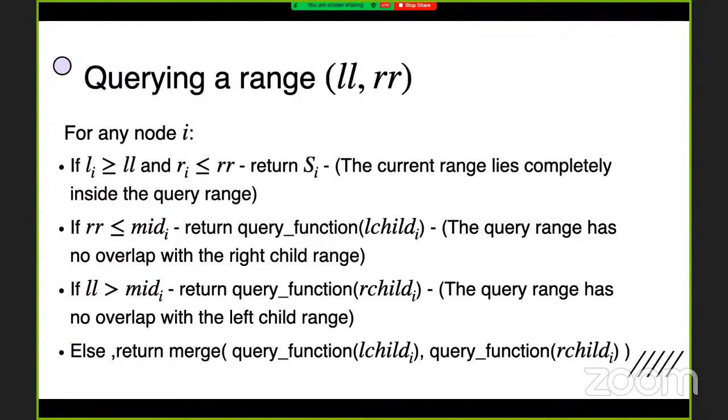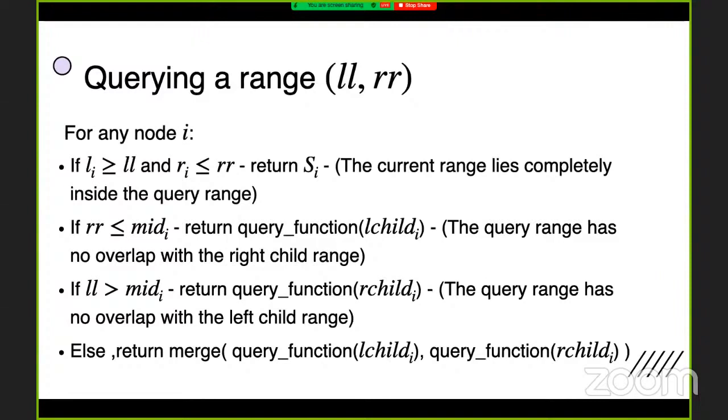If RR is less than or equal to mid I, then the query range doesn't have an overlap with the right child, because mid I is the max limit of the left range. And if the entirety of the query range is within the left range, then we'll just go to the left child. We don't even need to go to the right child. So we just return the query function at the left child.